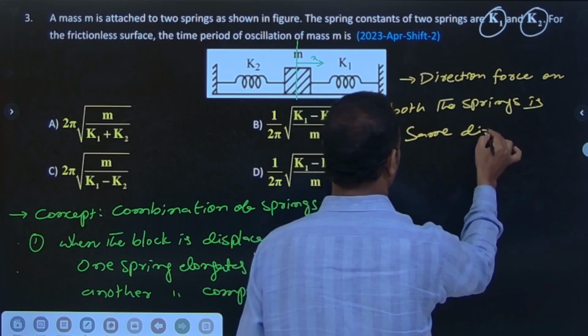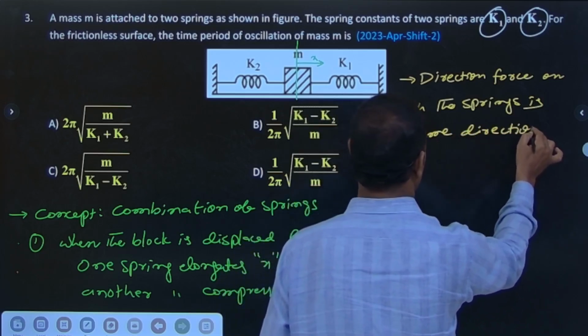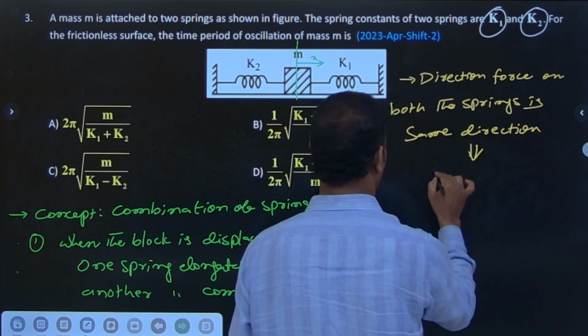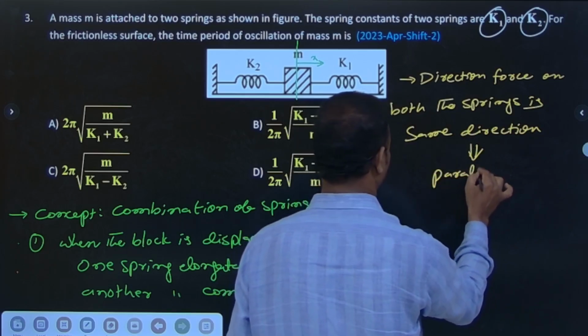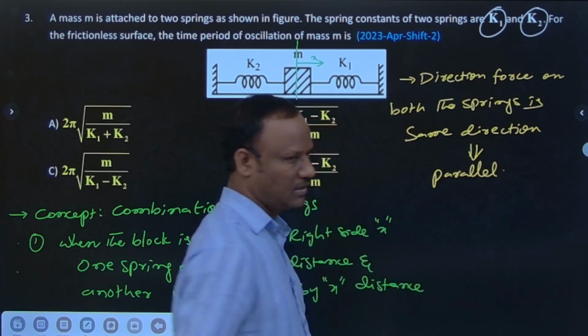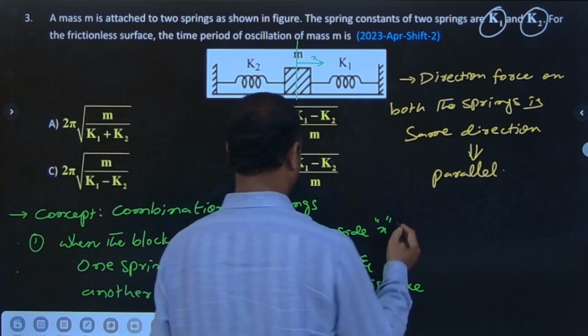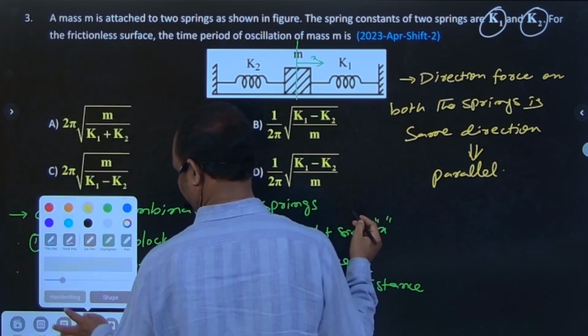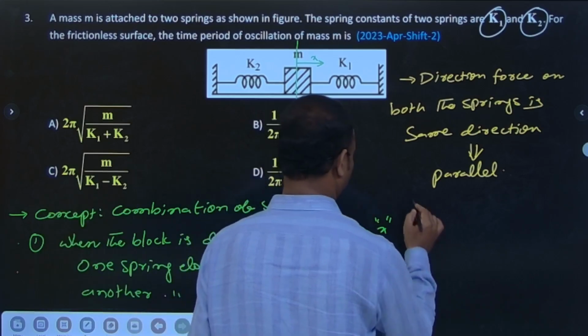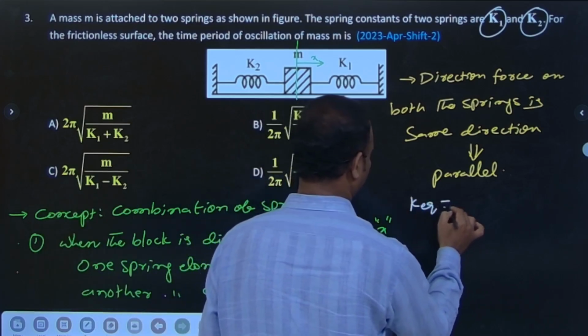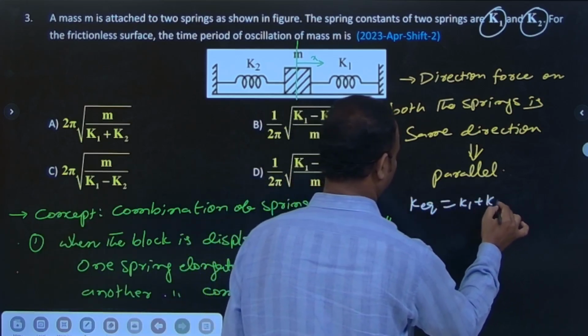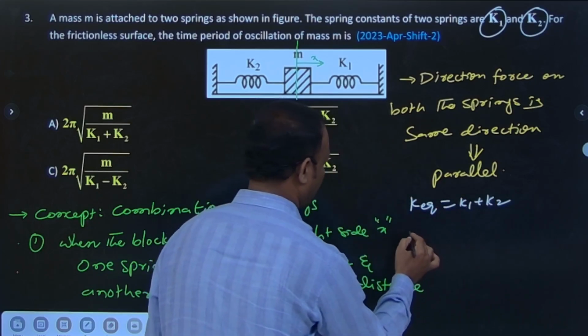For the same direction, they are connected in a parallel combination. In the parallel combination, what is the effective spring constant? K equivalent is equal to K1 plus K2. What is the time period?